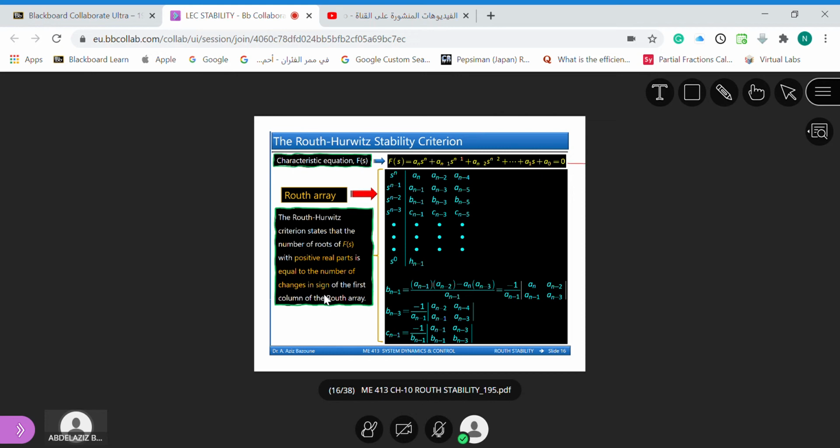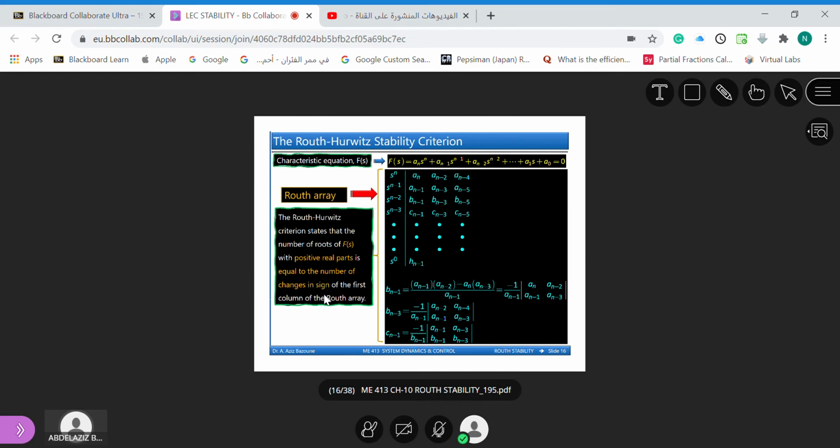To form the rows of s to the power n and s to the power n minus 1: the coefficient of s to the power n is an, the coefficient of s to the power n minus 1 is an minus 1, the coefficient of s to the power n minus 2 is an minus 2, and the coefficient of s to the power n minus 3 is an minus 3. So you form just the two powers, s to the n and s to the n minus 1.